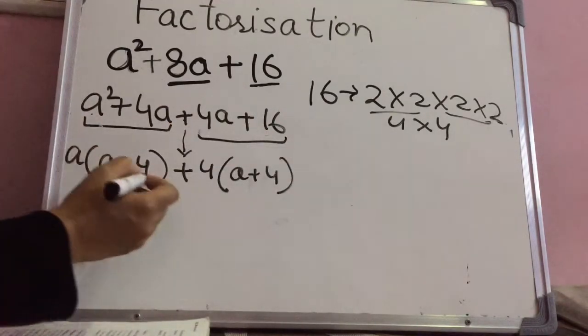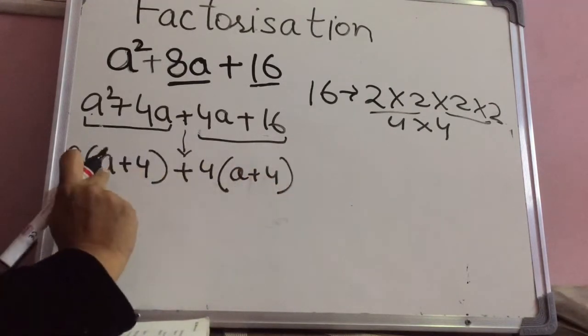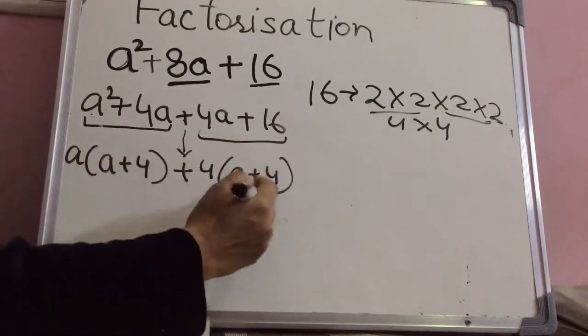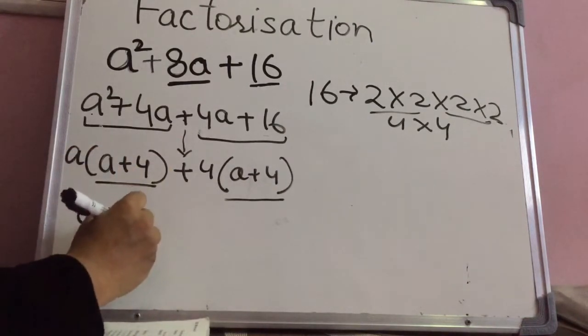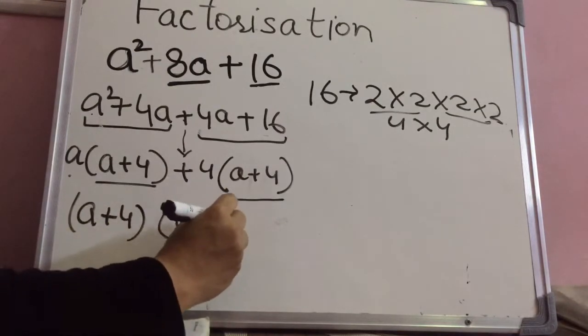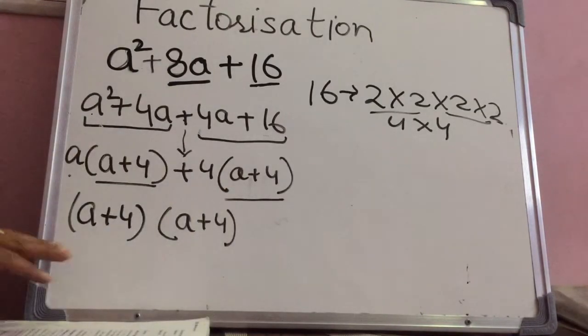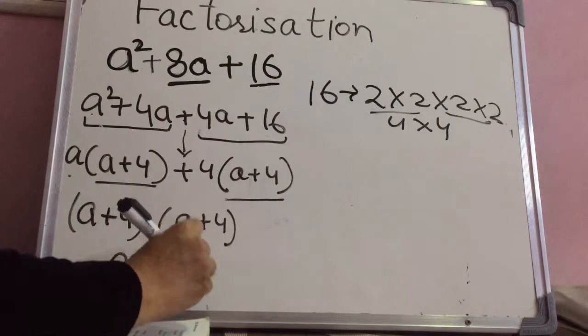Okay. Now from these 2 terms we see what are the common factors. We have a plus 4 here and a plus 4 here. So we'll take a plus 4 common and rest remaining in the bracket, a plus 4. So what we see is that we have both the same factors. So we can write it a plus 4 whole square.